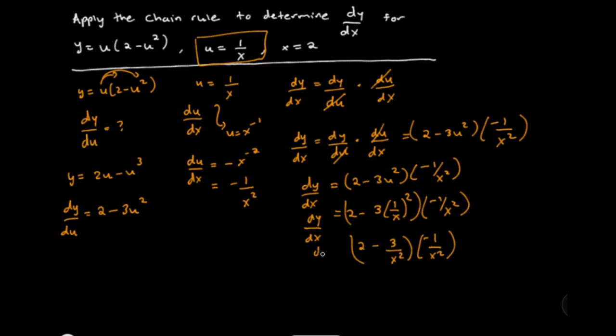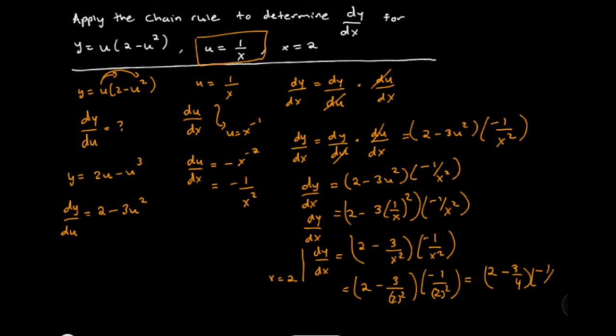Now at this point, they want you to solve for dy over dx when x is equal to 2. So I'm going to let x equal 2 here. If you let x equal 2, you'll basically get 2 minus 3 over 2 squared times negative 1 over 2 squared, which is basically 2 minus 3 over 4 times negative 1 over 4, right?